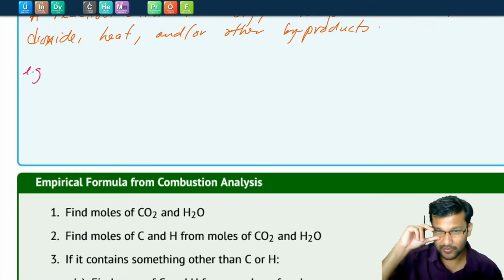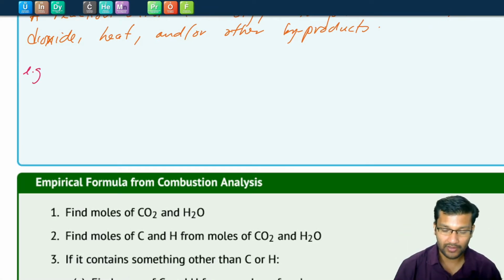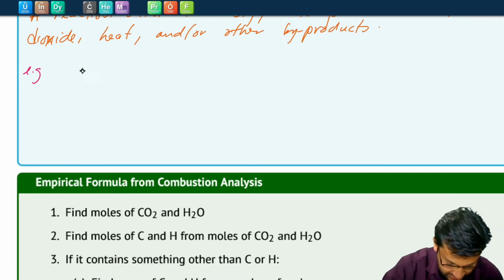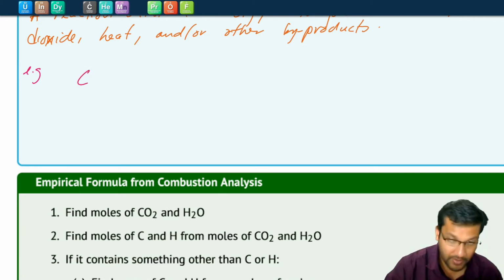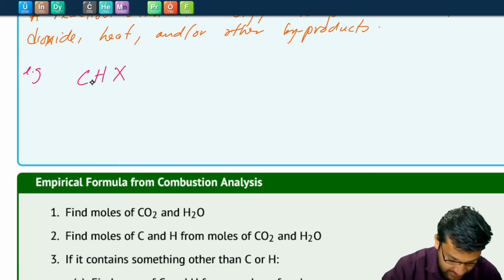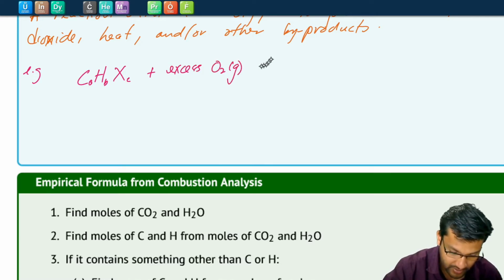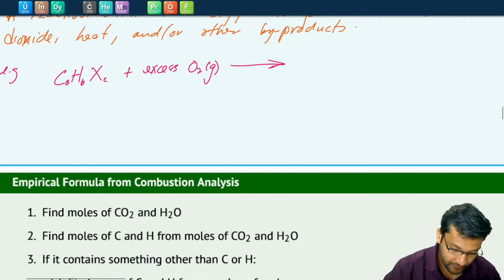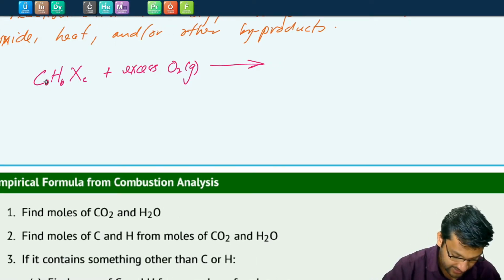In most cases, when we look at combustion reactions, we'll look at reactions that contain compounds that contain carbon, hydrogen, and just one other third element. Let's call it X. So maybe its formula is CaHbXc, reacting with excess oxygen gas, right? We're burning these in oxygen gas to form carbon dioxide. So all of the C, we said that there were a number of C's, so a number of carbon dioxide gas.